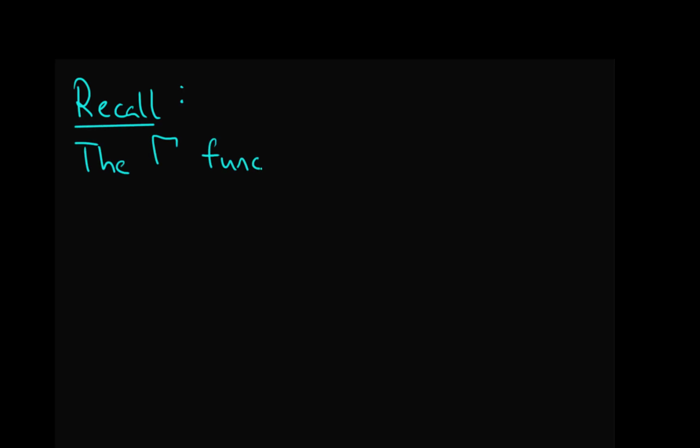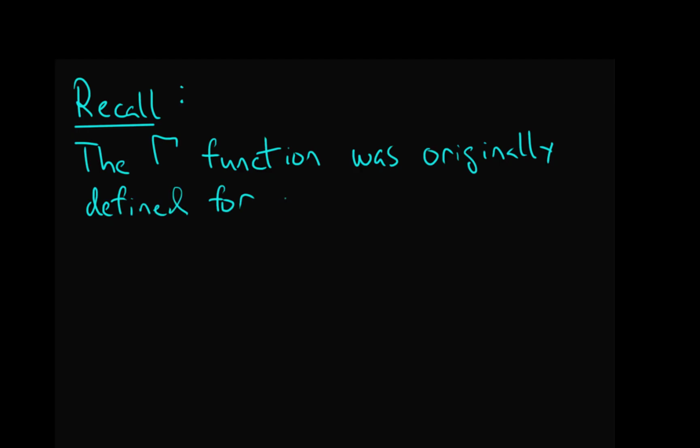The gamma function, as we originally defined it, was originally conceptualized as a means of extending the concept of the factorial. And it was initially defined for all positive real numbers.